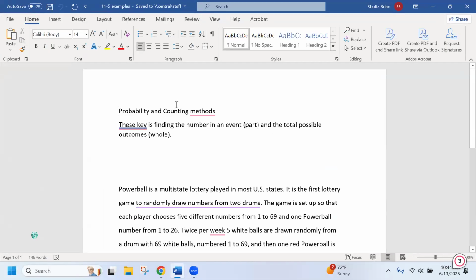What we're taking into effect here is the first 3 sections of this chapter: the fundamental counting principle, permutations and combinations.